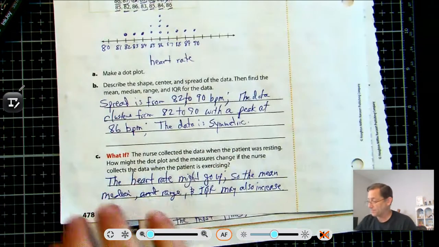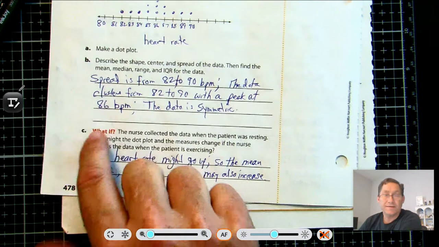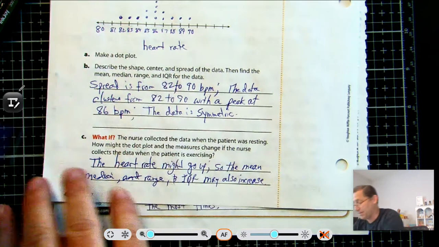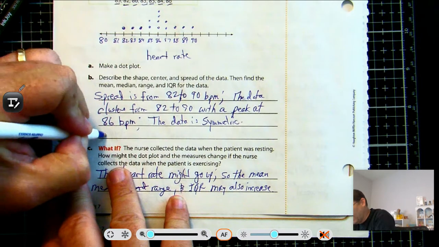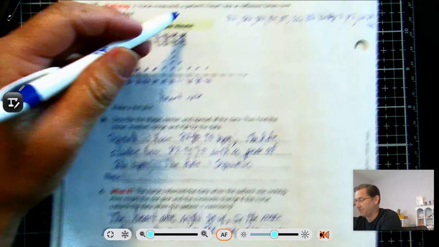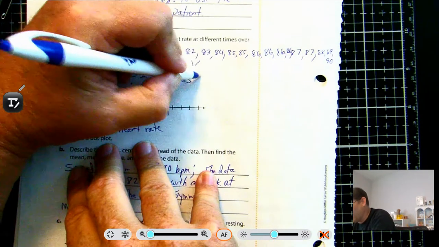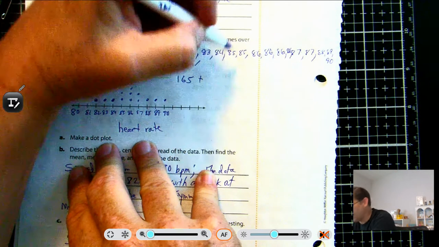Okay. I gotta go back to B. I forgot to mention the mean, median, range, and IQR. So the mean of this information, let's do this, 165. So I'm just combining these two at a time.